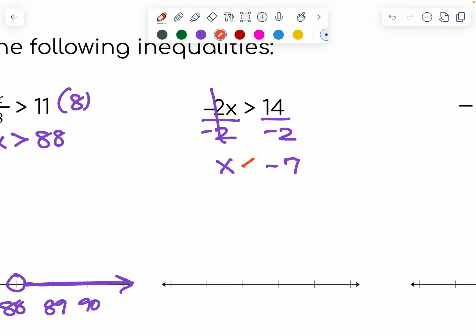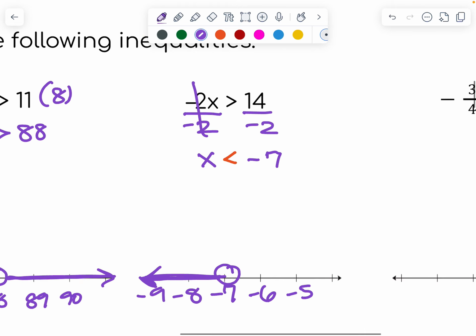So it should face this way. All right, so we're going to put -7 on here. Open circle on -7, and X is now less. It's going that direction. Watch out. If you multiply or divide both sides by a negative, you've got to change the inequality.